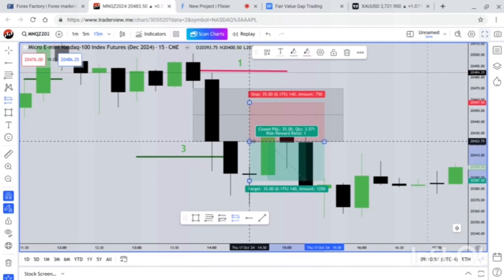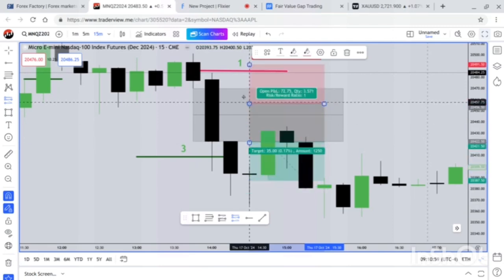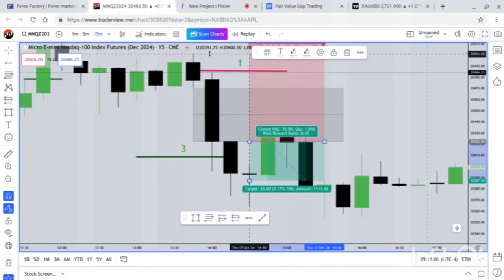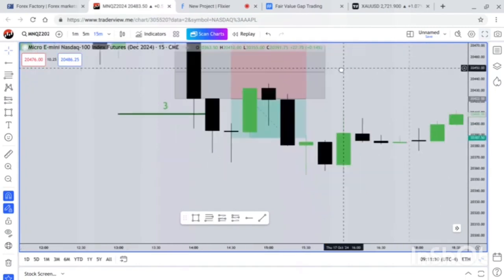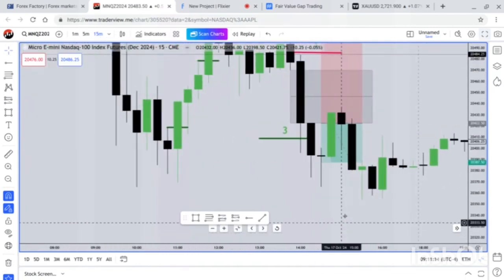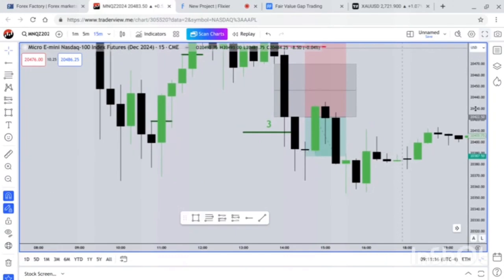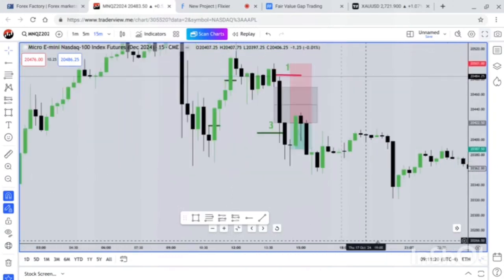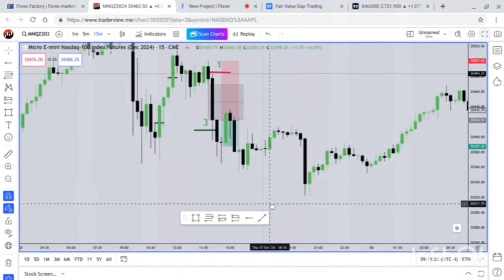Just put it there, then set my stop loss at any position that my stop loss can be. Set my stop loss to that level. My wick is at that level. Now let's see if this market goes down on that fair value gap. Let's see if it goes down.